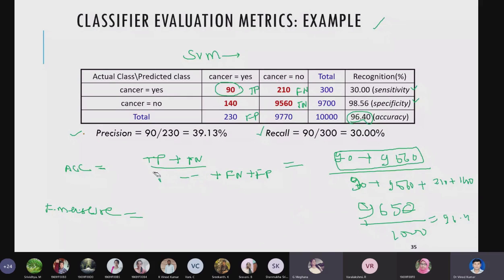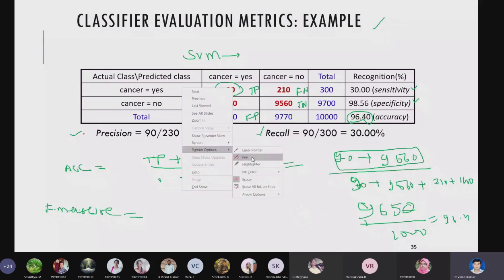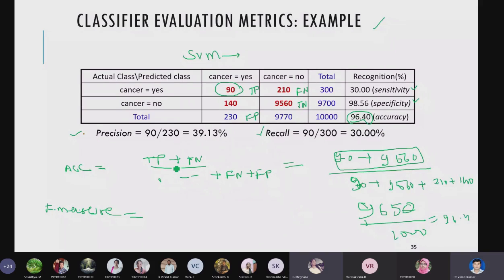Okay, so how do we write the harmonic mean? 2 into precision into recall, divided by precision plus recall, or recall plus precision, both are the same.